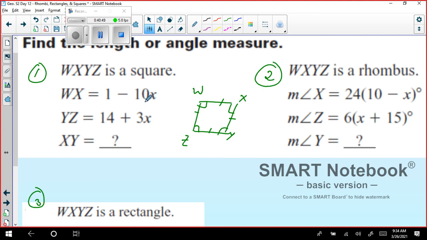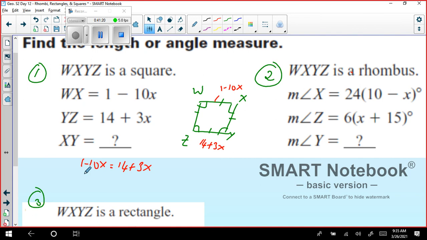Okay, and they have given WX as 1 minus 10x. So this is WX, which is 1 minus 10x, and they have given YZ as 14 plus 3x, and they are asking us the value of XY. So first let's get the value of x, equate these two. 1 minus 10x equals 14 plus 3x.